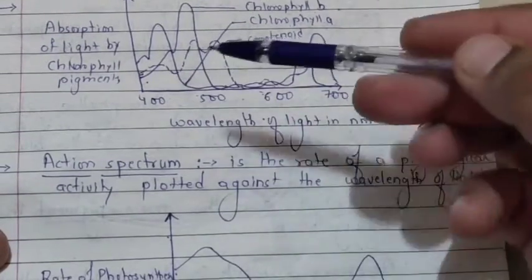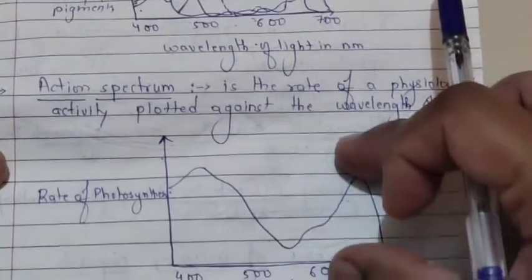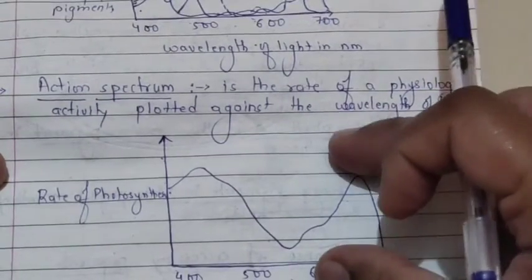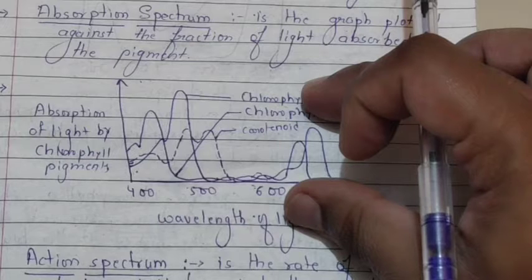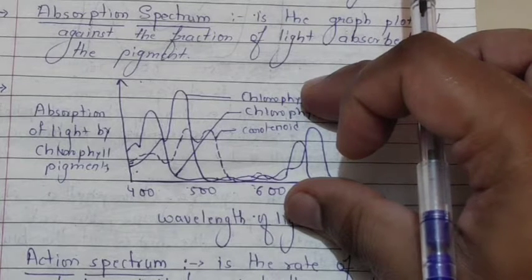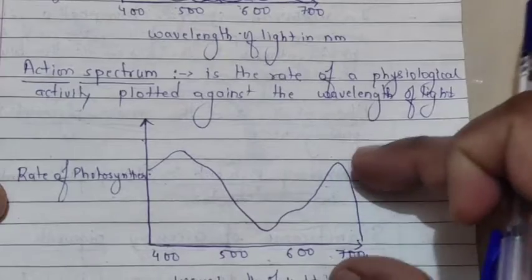So action spectrum and absorption spectrum, if we superimpose this action spectrum on this absorption spectrum, then how does it look? Okay, let us see. What we are going to do now is superimpose. Why?